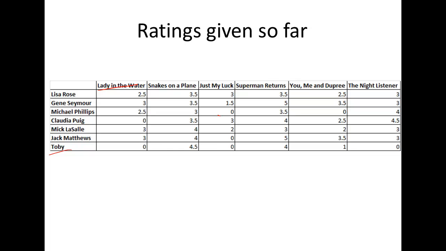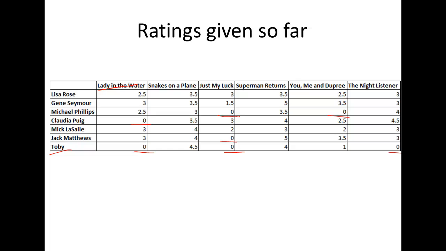We can see that, for instance, Michael Phillips hasn't seen Just My Luck. Claudia Puig hasn't seen Lady in the Water. Michael Phillips hasn't seen You, Me and Dupree as well. And as we already know, Toby hasn't seen 3 movies. Plus, Jack Matthews hasn't seen Just My Luck. So there might be some empty places in our table.